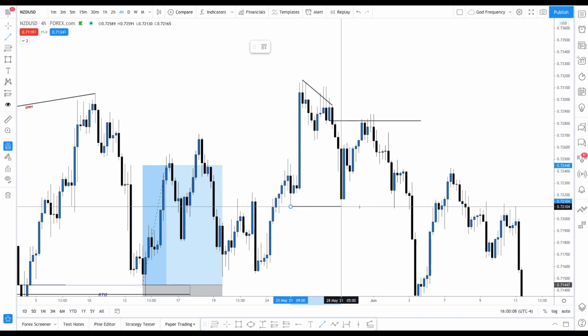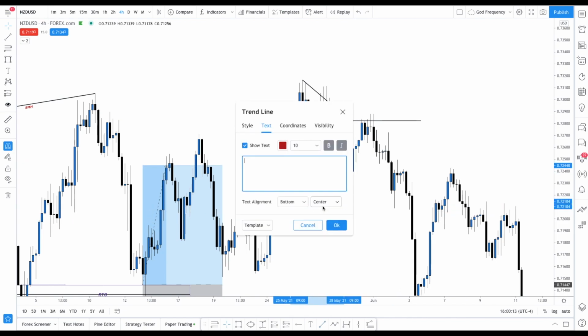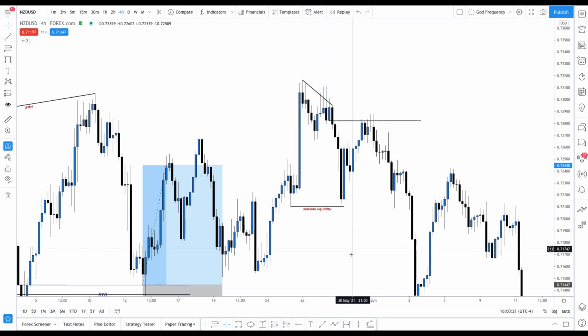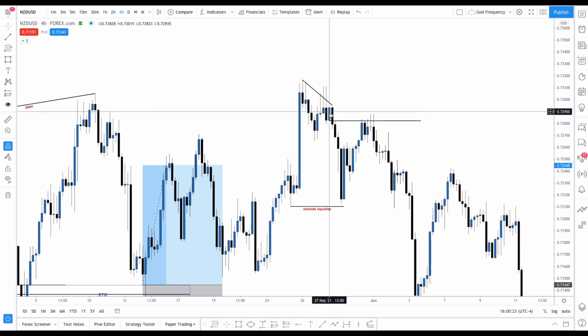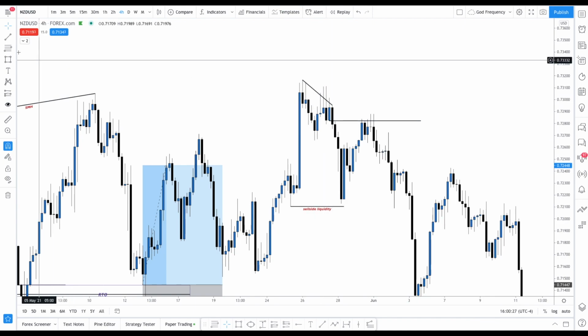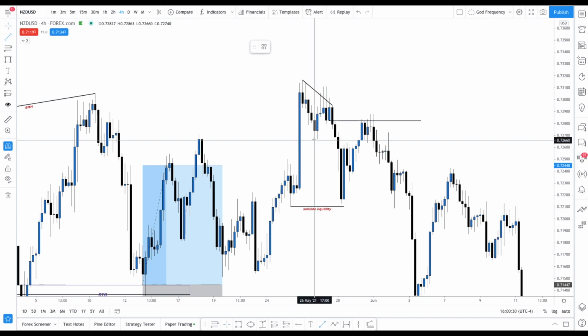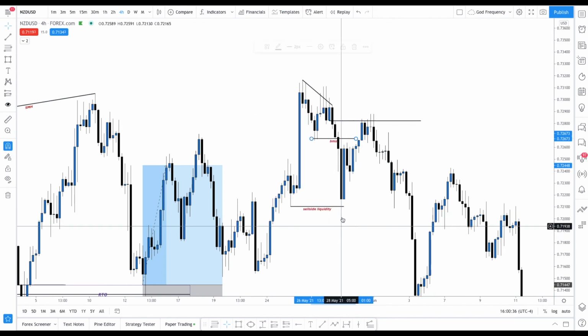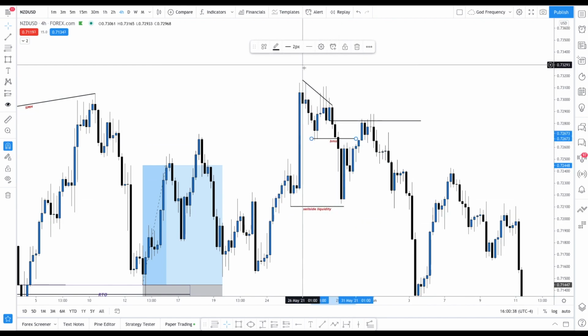It created the sell side liquidity here. My eyes go to this order block because we have this break, right? We have that break in market structure.